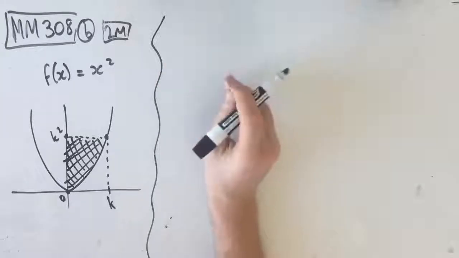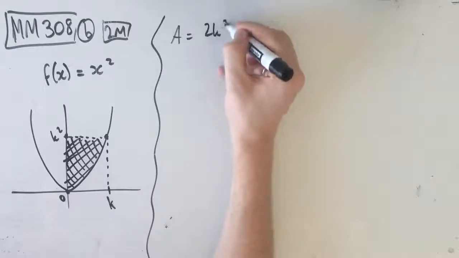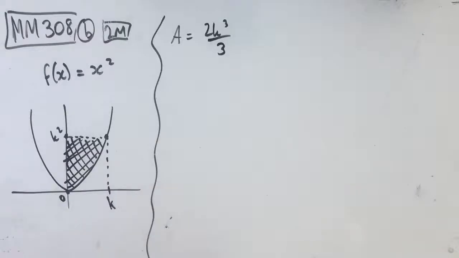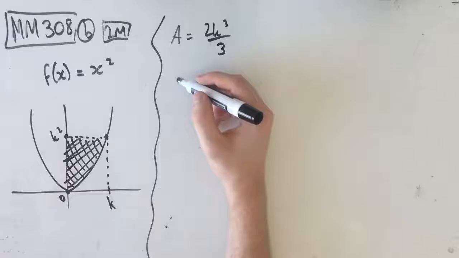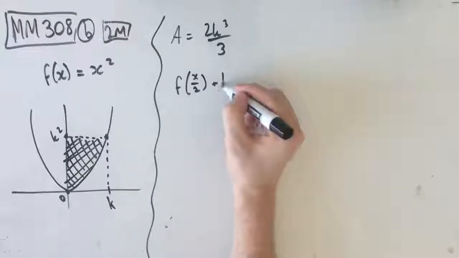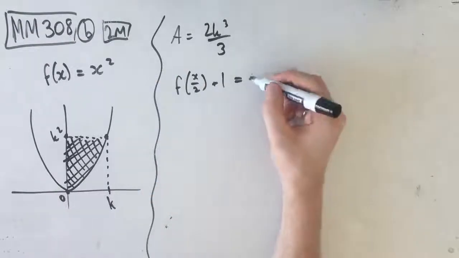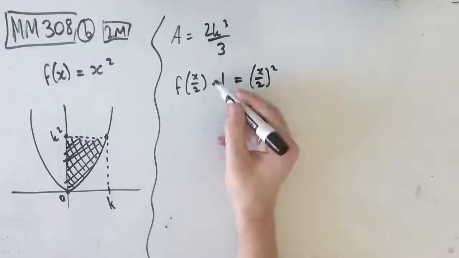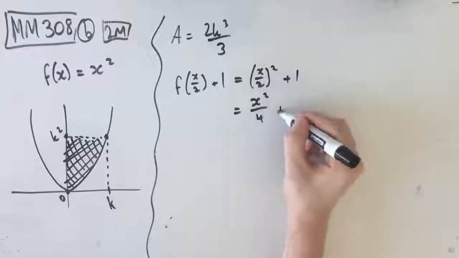Awesome. So we know that the area here, which is equal to 2k cubed over 3, is equal to the area under f of x on 2 plus 1. So for f of x on 2 plus 1, we simply sub in x on 2 for our x values here. So we get x on 2 squared, and then we add 1, which means x squared over 4 plus 1.